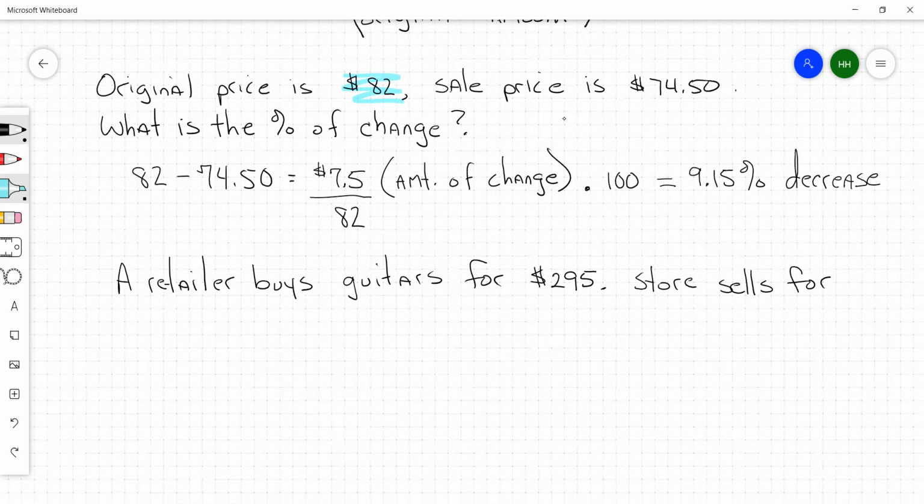Ooh, you're going out of business. What is the percent of change?